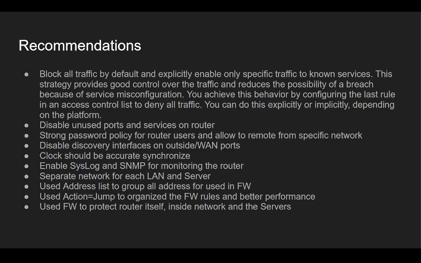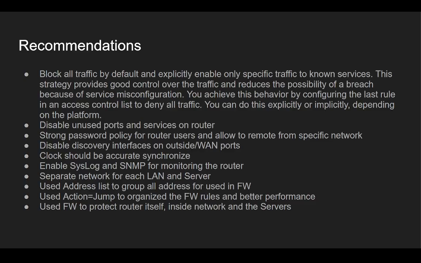So you have to search for what proprietary protocols your firewall uses, and you have to disable them. Also, enable syslog and SNMP for monitoring the router, with a separate network for each LAN and server. This is very important because if an attacker accesses the LAN, the attacker doesn't have access to the critical servers at the beginning.